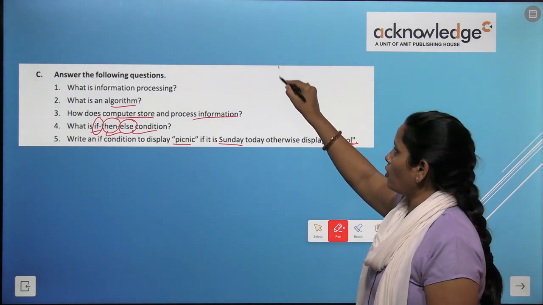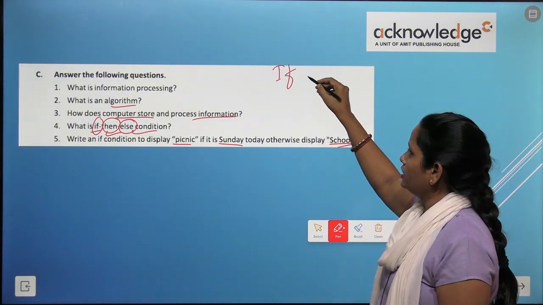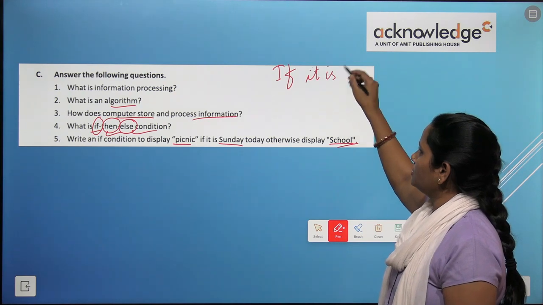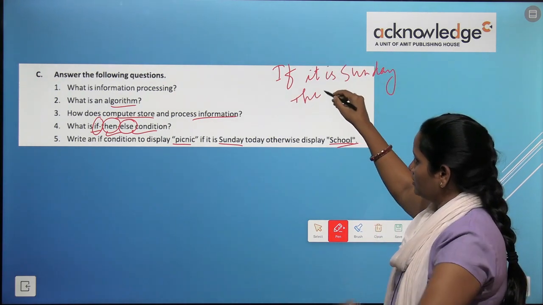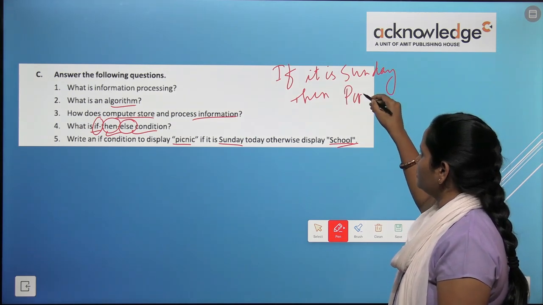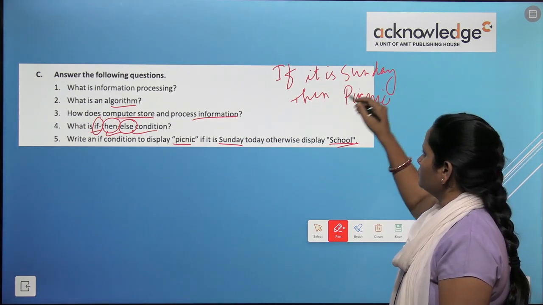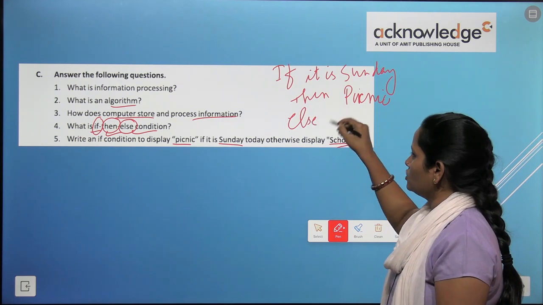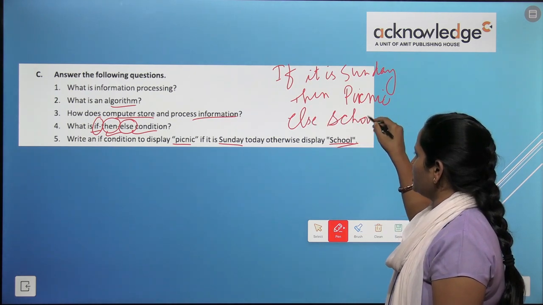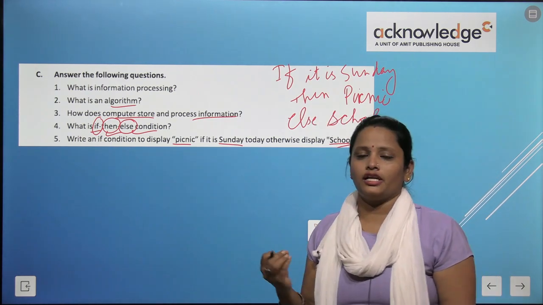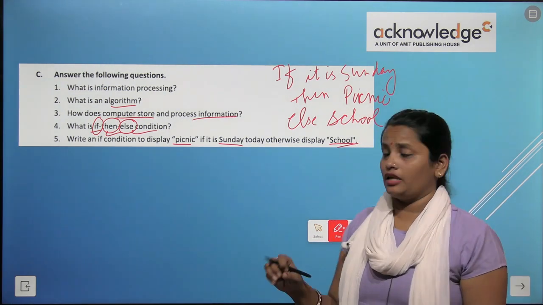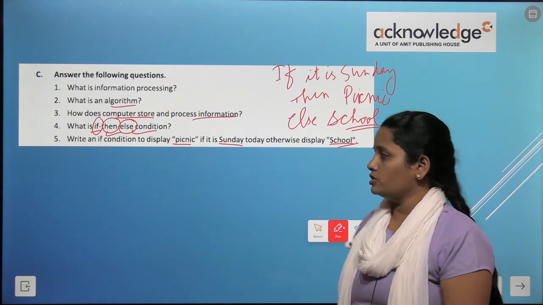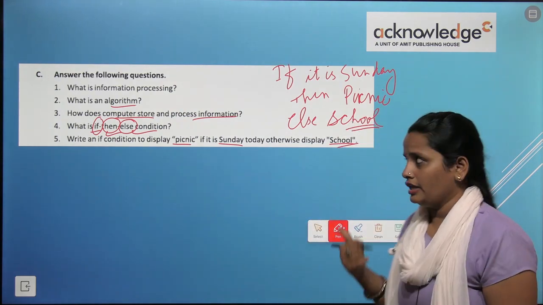In the if box we have written, if it is Sunday, then picnic, else school. So here it is saying that if it is Sunday, then we will go on a picnic, and if it is not Sunday, then we will go to school. So this is the given example here.